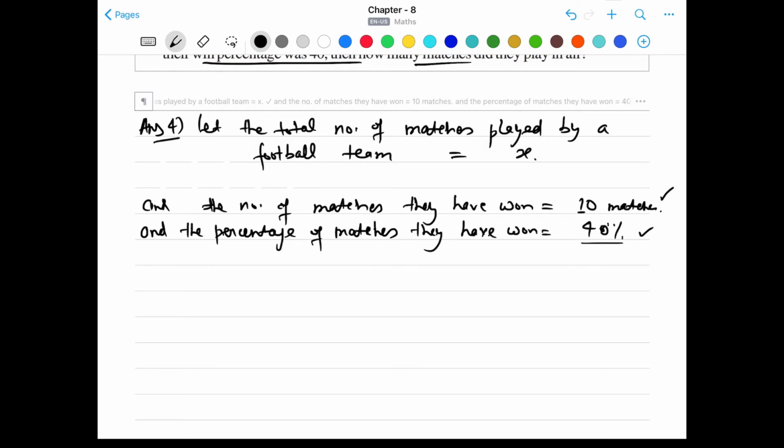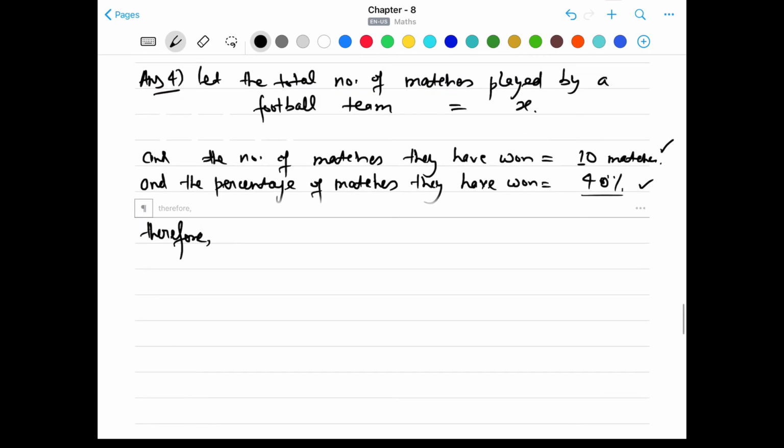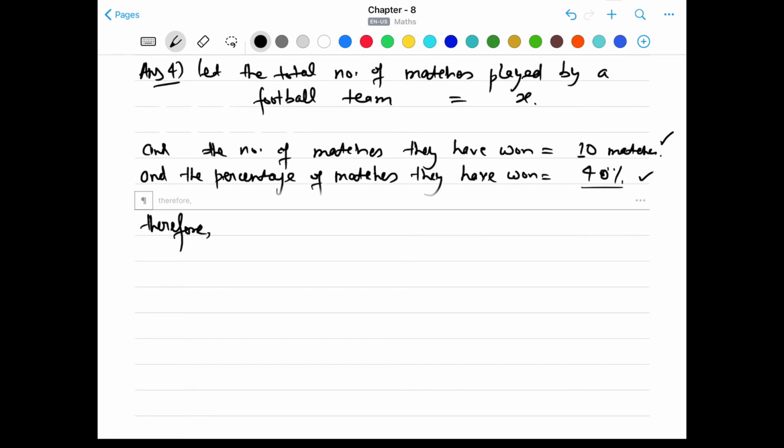So you can write this as, therefore, listen to this carefully. In order to calculate the total number of matches, we can write that 40% of the total number of matches the team has played has to be equal to 10.